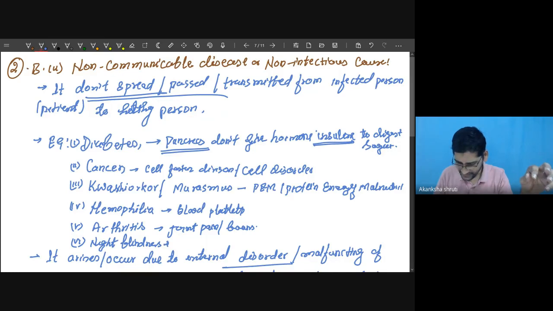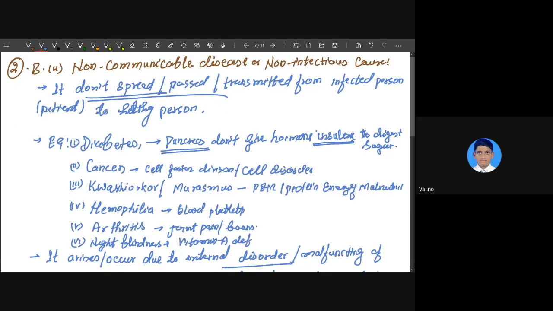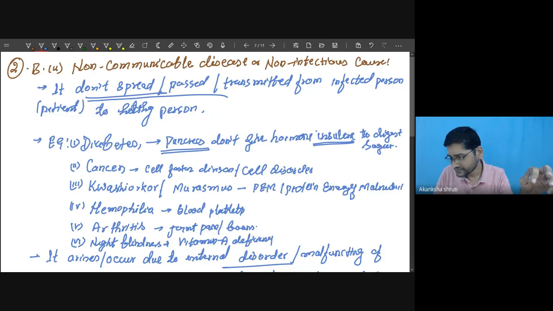That is called night blindness. So it is vitamin A deficiency, lack of vitamin A. Good. Get it?